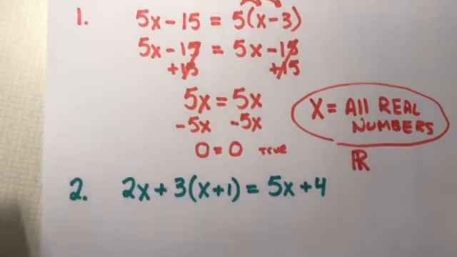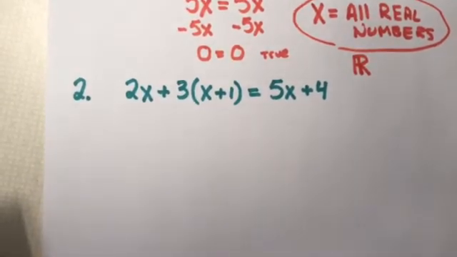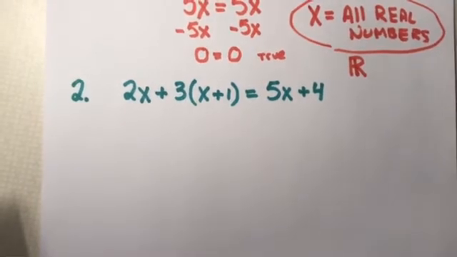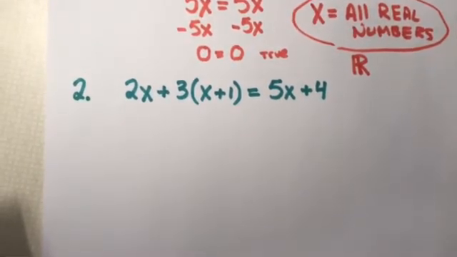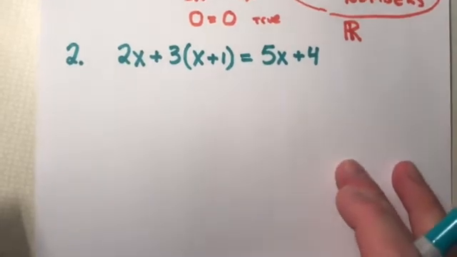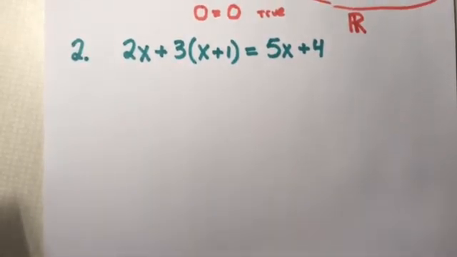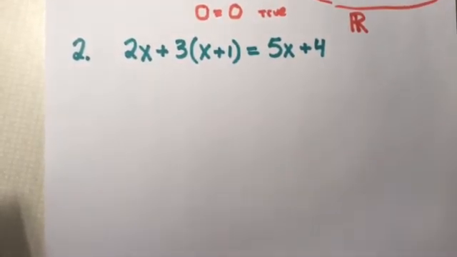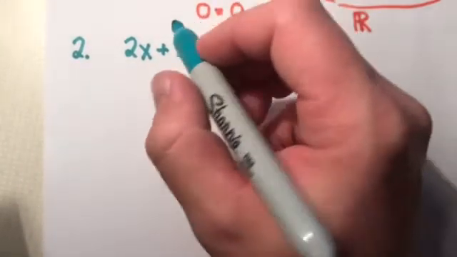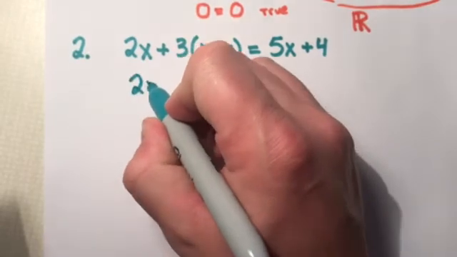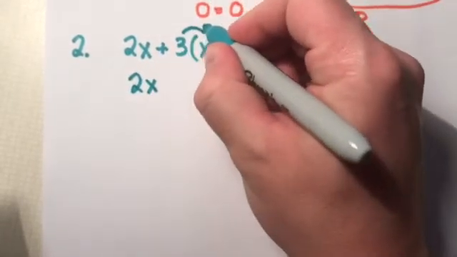Okay, let's look at one more here. And I might change colors here real quick. And this one's a little different, but again, we're going to approach it the same way. Distribute, combine all like terms. We're going to move all of our x terms to one side of the equation and all of our constants to the right. So I'm going to start with 2x. Okay, 3 times x.